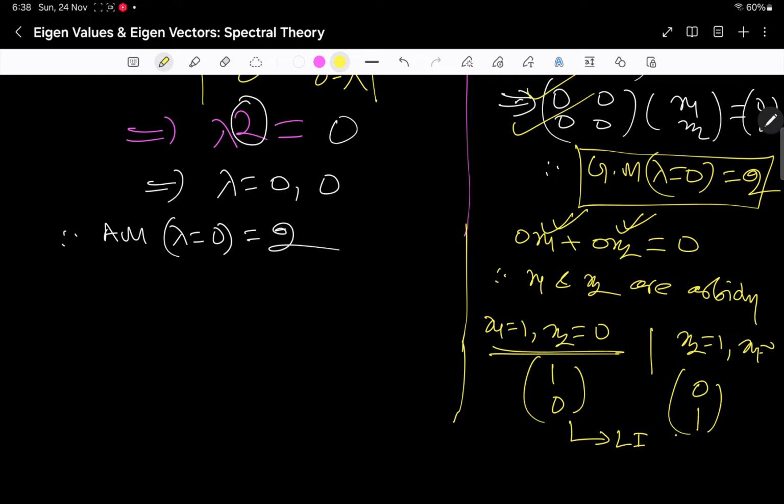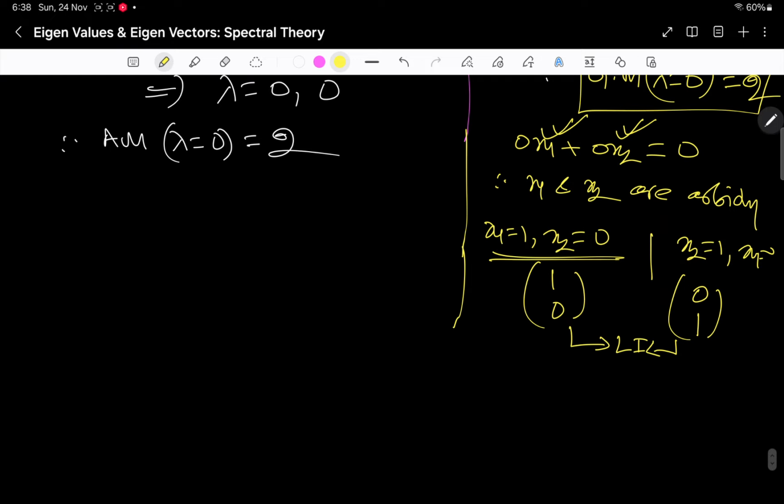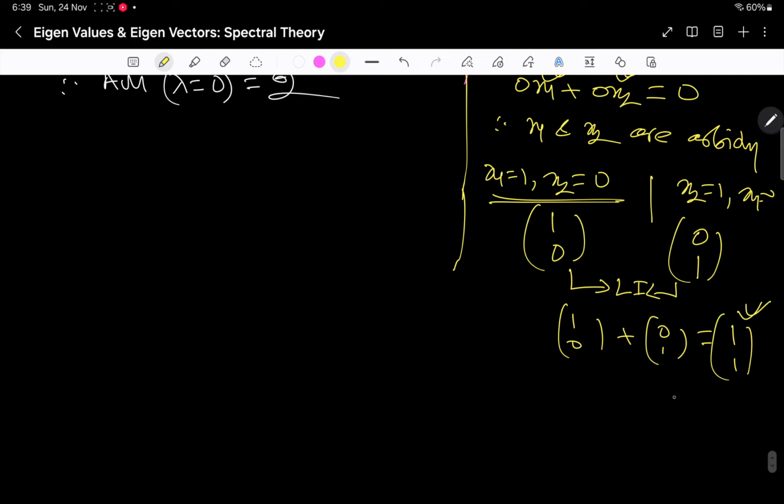These are independent eigenvectors. If I combine them, 1 0 plus 0 1 is 1 1. It is also an eigenvector, but this is linearly dependent. So these two are the independent eigenvectors.